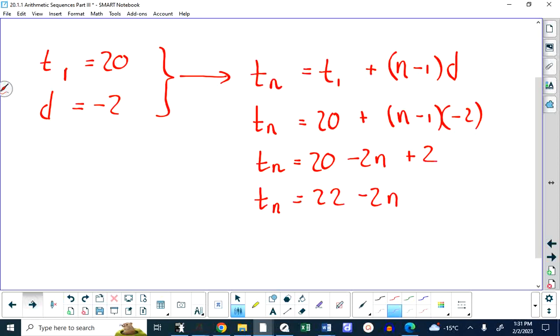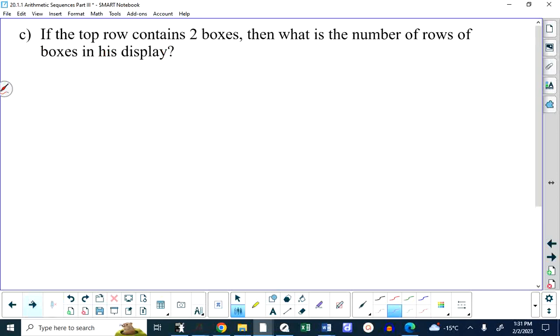And the final question, if the top row, which is the last row, contains 2 boxes, how many rows are there? Well, that's what the question is asking.